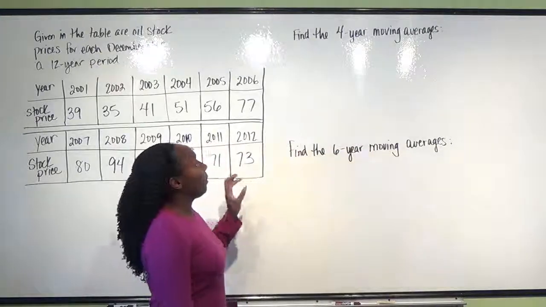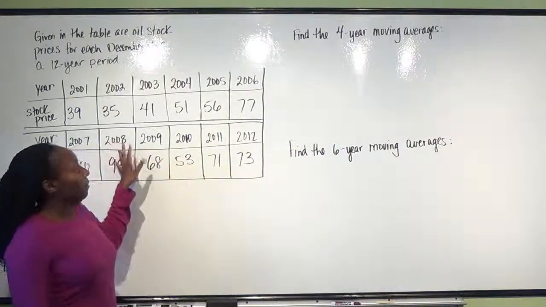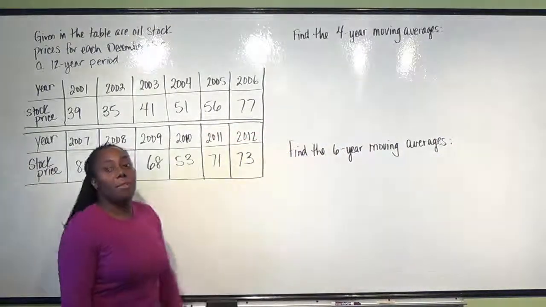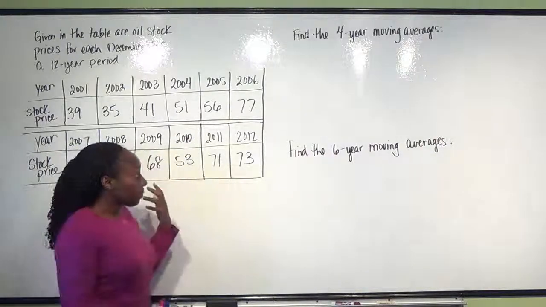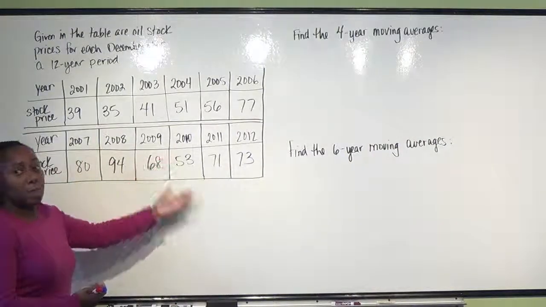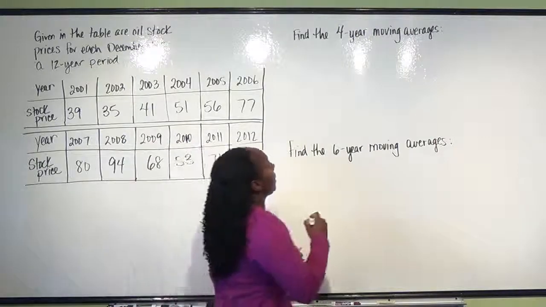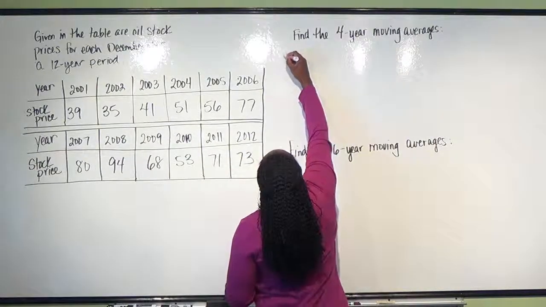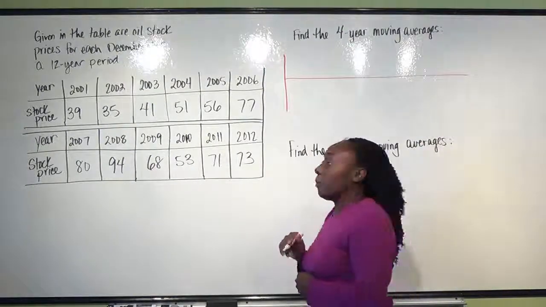So in this example, we've got two different types we're looking for. Given this table of information, we want to find the 4-year moving averages, and we also want to find the 6-year moving averages. Now, in both cases, basically what we're going to do is we're going to set up a table that gives the information kind of like what we were given. Okay? So in this first case, if I'm looking at 4-year moving averages, my table is going to look like the following.